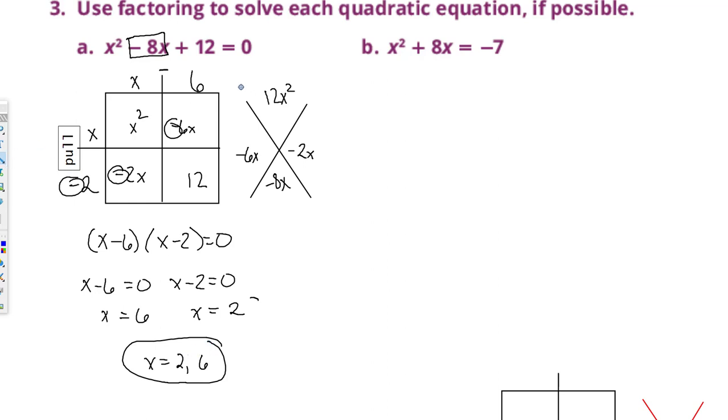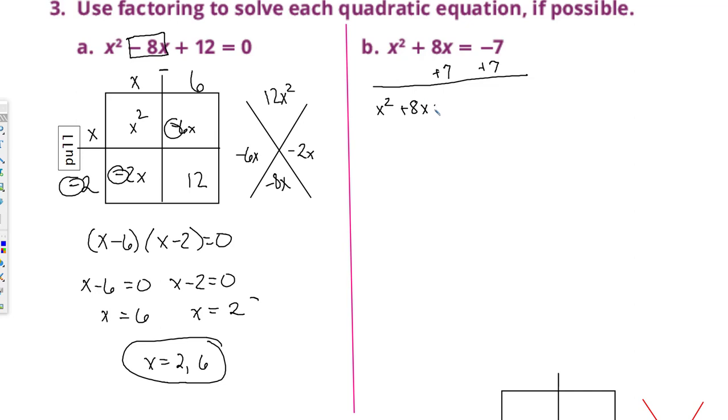On this second one, do I need to do anything? What, add the 7? Can it combine with the 8? No. Because they don't have like terms. So when I use my box, what's going in the upper right-hand corner?